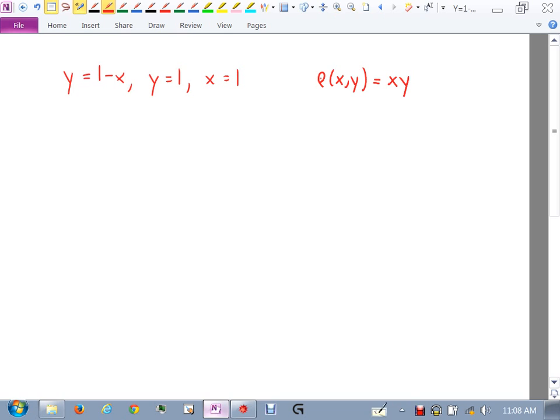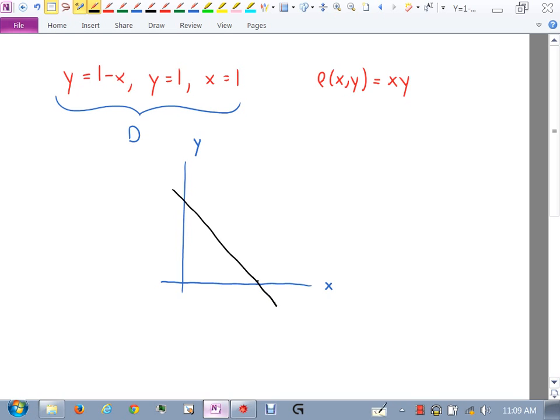So I first need to come up with the region. The region is given to me right here. I can call it R or D, it doesn't matter. D for domain, if you wish. I'm going to graph this. Y equals 1 minus x, so I have an xy plane here. Y equals 1 minus x looks like this. Y equals 1 is a horizontal line like this.